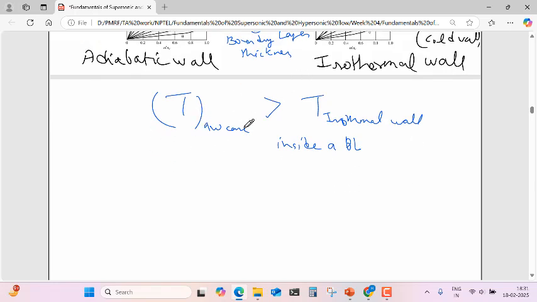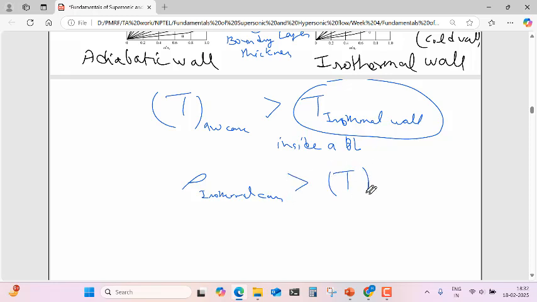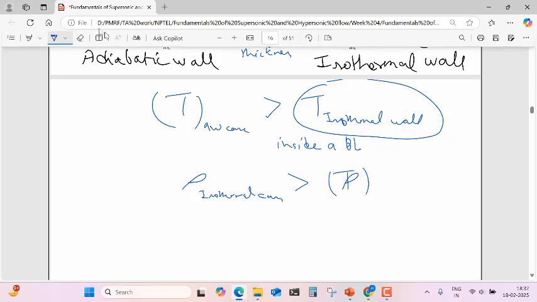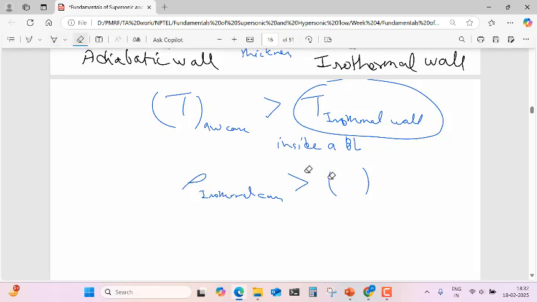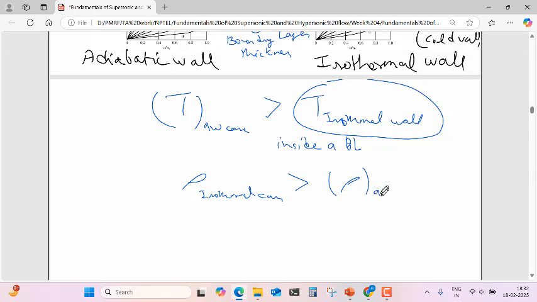If temperature is low in this case, the density inside the boundary layer will be high. Density for the isothermal case will be greater than density for the adiabatic case.